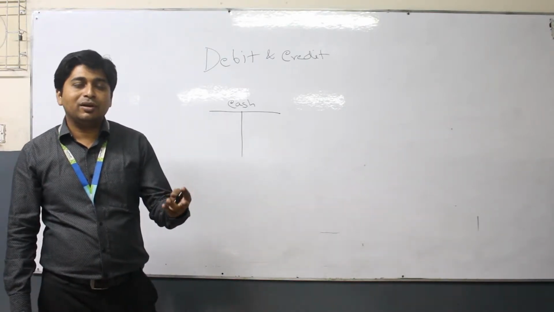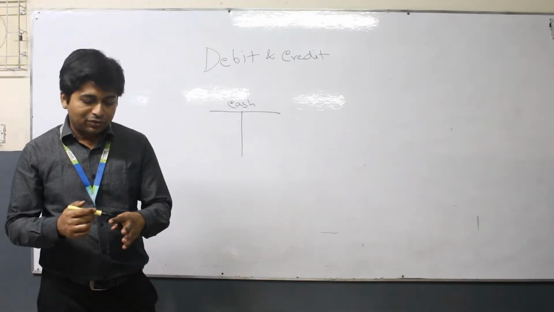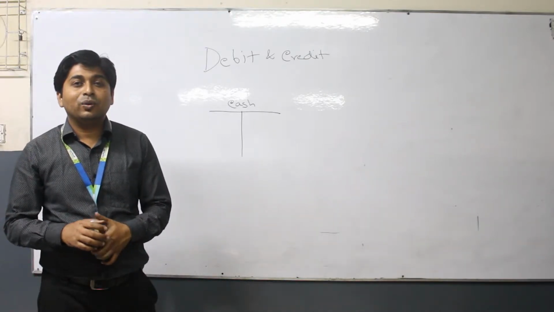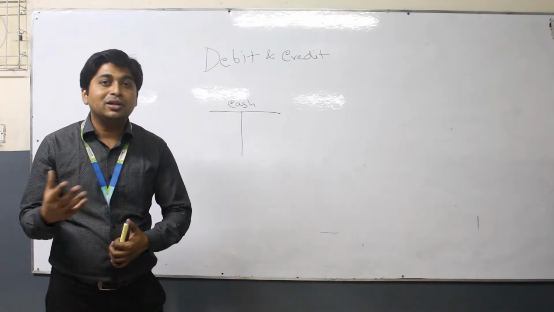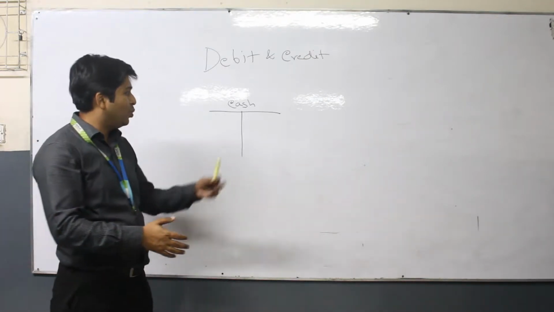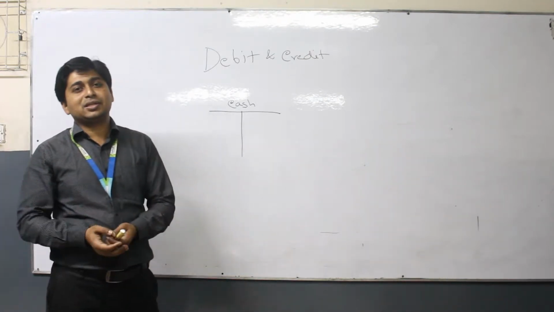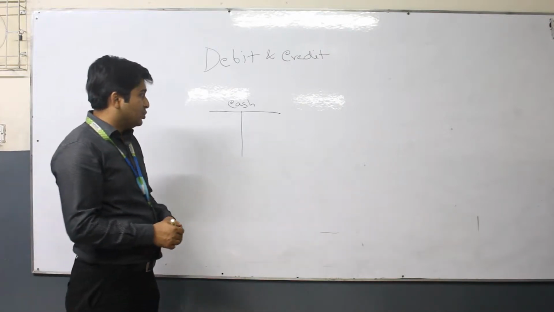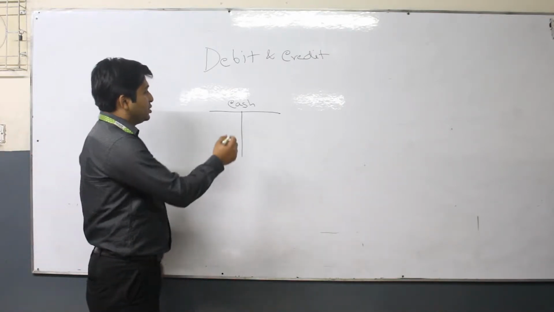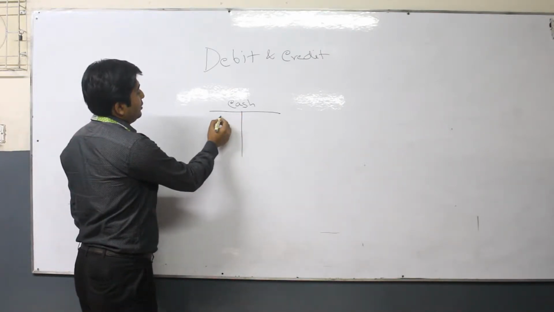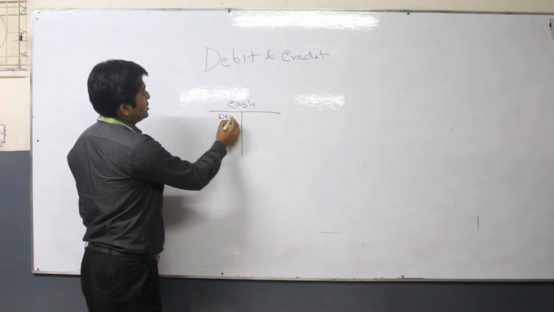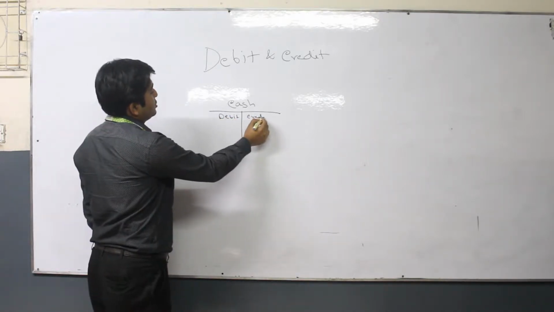Because, according to the definition of account, an item may be increased or decreased. So one side is for increase and another side is for decrease. According to the features of an account, the left side is the debit side and the right side is the credit side.